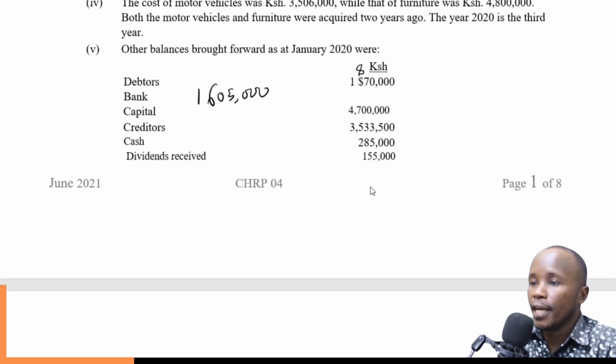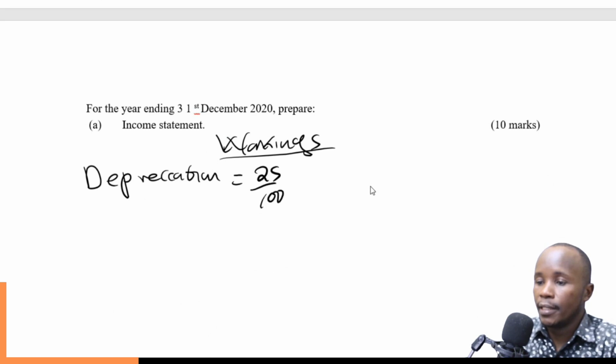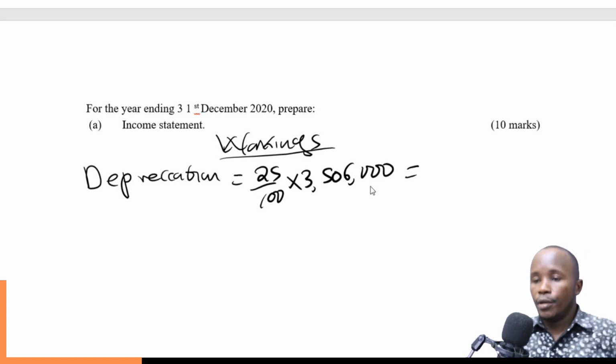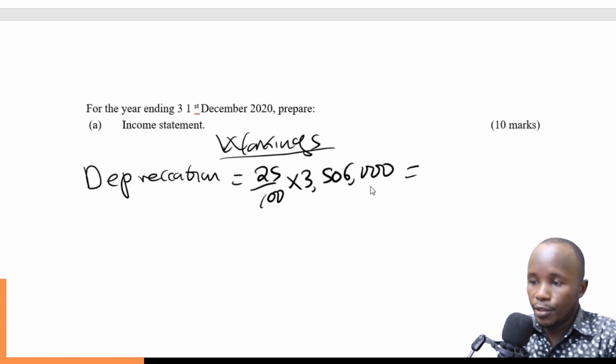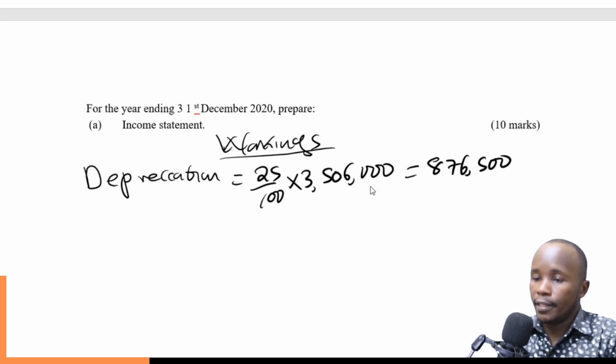Motor vehicle is 3,506,000 at 25%. So here we need to find 25% times 3,506,000. We look at this because these depreciations are expenses and we need to get their figures. So 25% times 3,506,000 gives me 876,500.